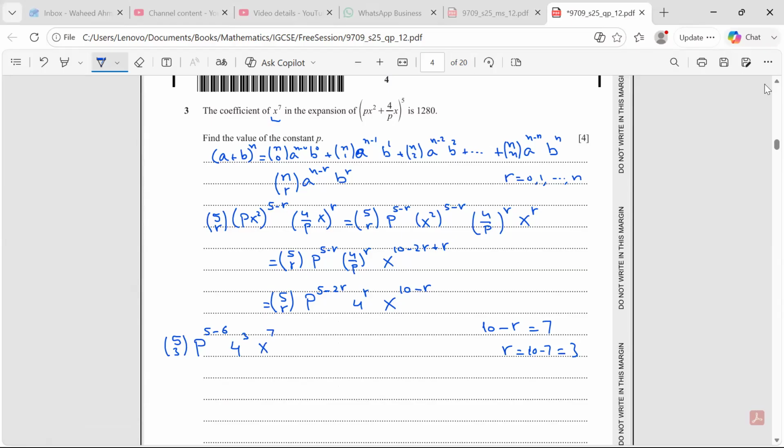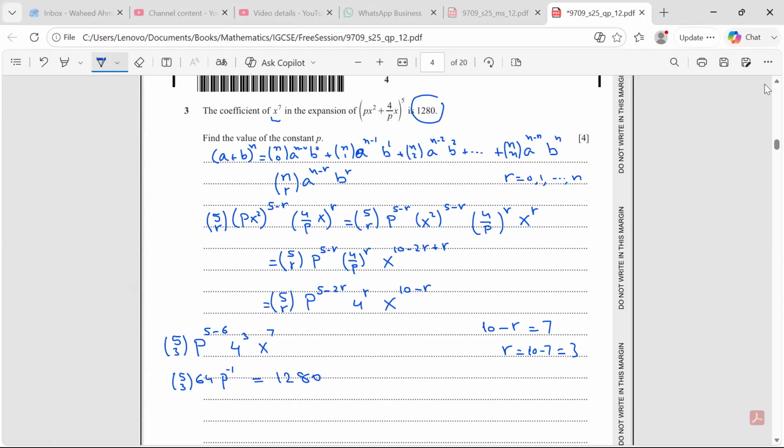And finally, we are told that the x^7 coefficient is 1280. It means this whole thing, 5C3, and 4^3 is how much? 64, into p^(5-6), which is p^(-1). So this whole thing should be equal to 1280.